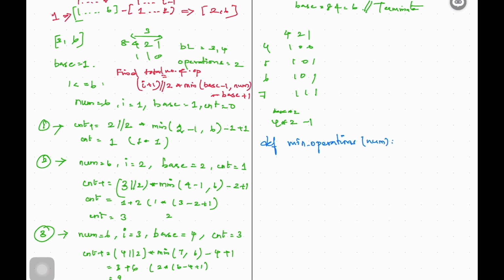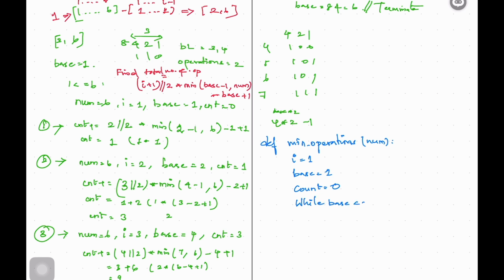Once you get num, our binary length will start from 1 up to whatever num is given. The binary length is calculated from 1, our base will be 1, and our initial count will be 0.